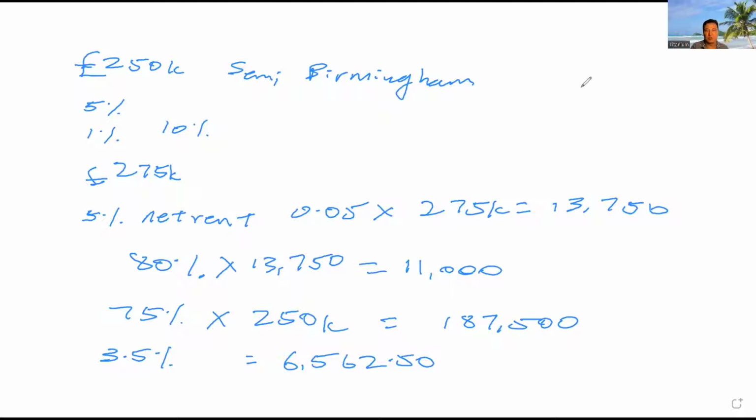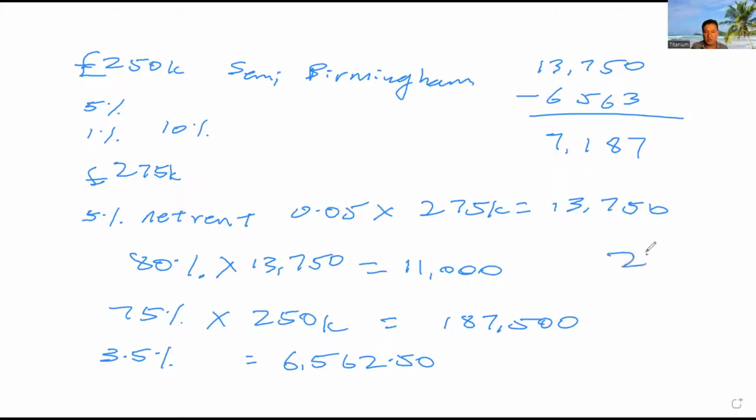So your net income, 13,750 minus 6,563, is 7,187. Not bad, right?